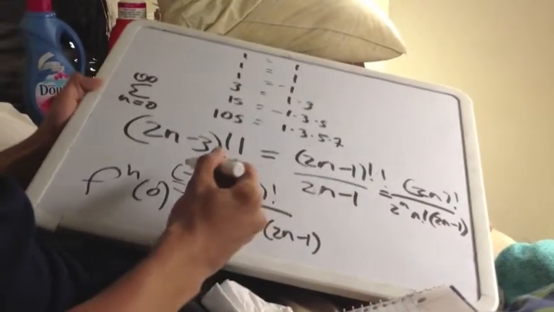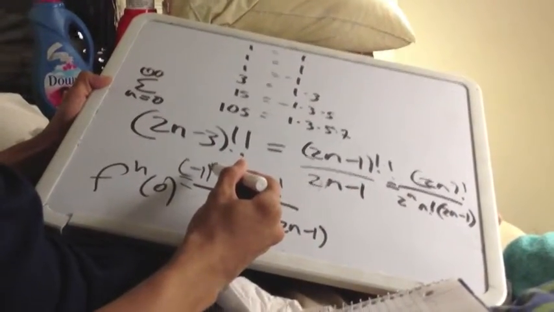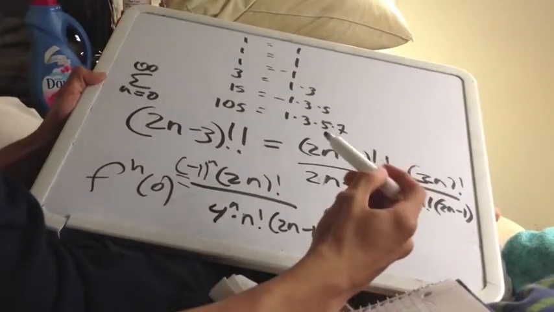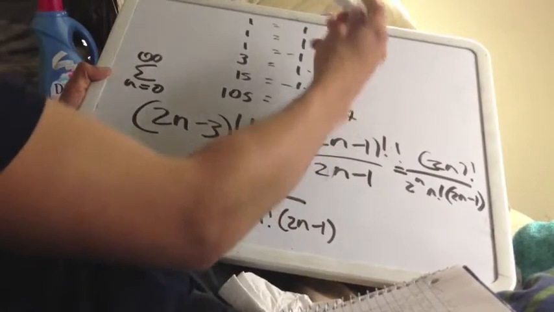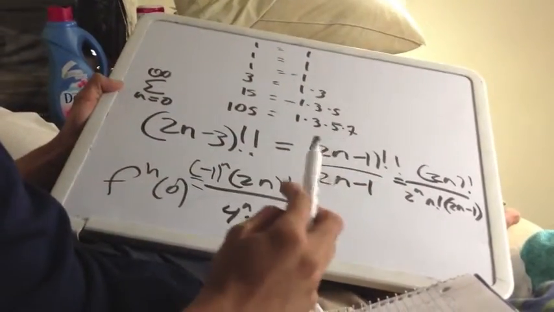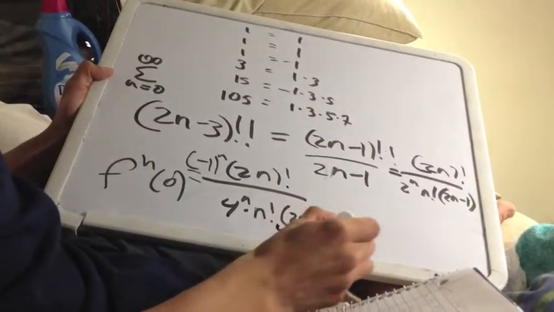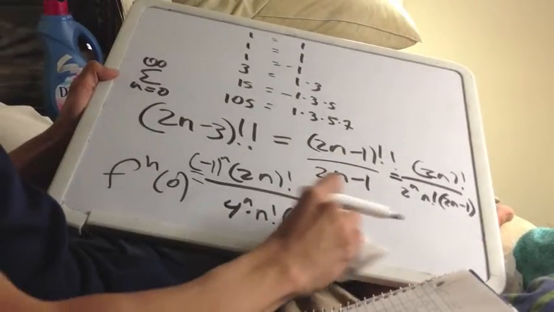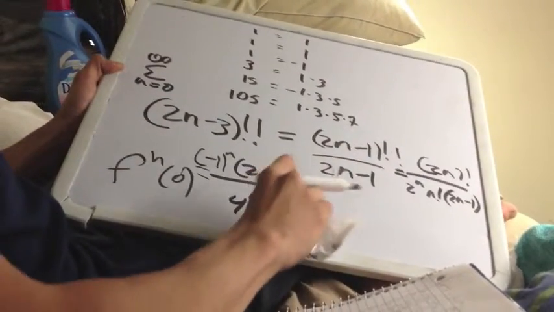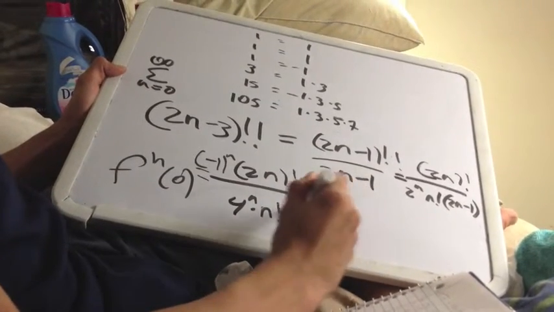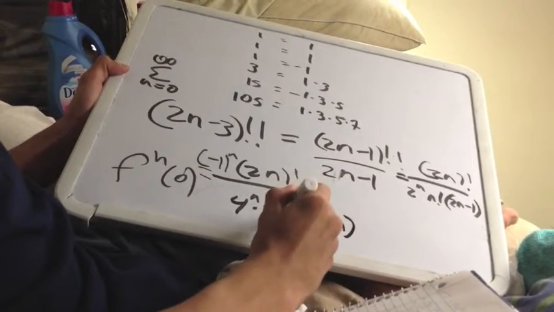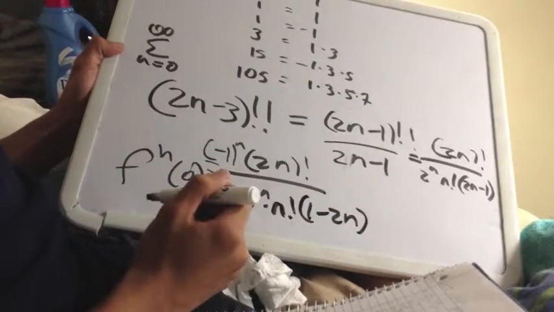Okay, so negative 1 to the n would describe it, except that if you plug in n equals 1, you should get a negative value, but we get positive. And the best way to fix that is to change this term right here, instead of 2n minus 1, we do 1 minus 2n. And that is our nth derivative.